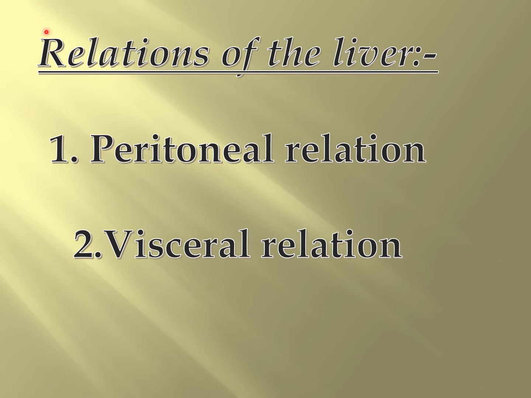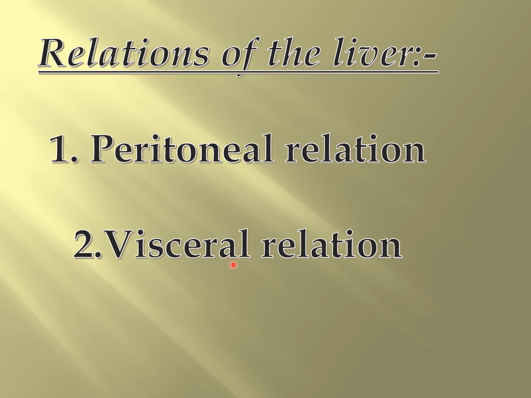Now, relations of the liver is very important, and you have to understand two types of relation. One is the peritoneal relation of the liver, and the other, most important, is the visceral relation of the liver.